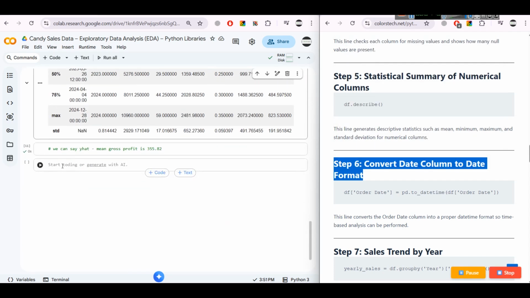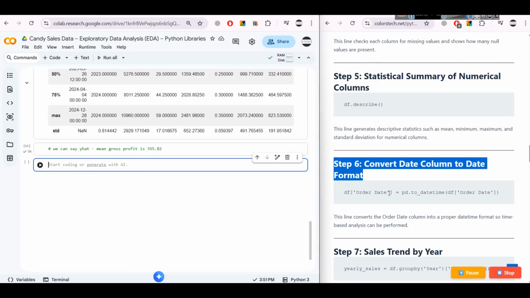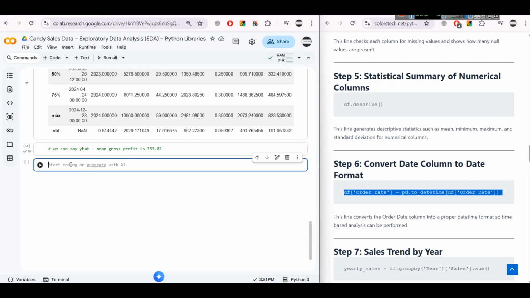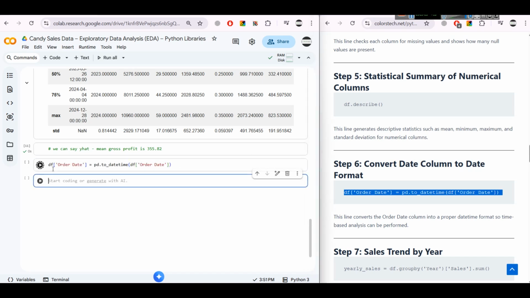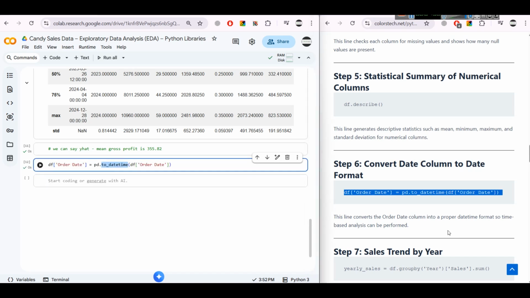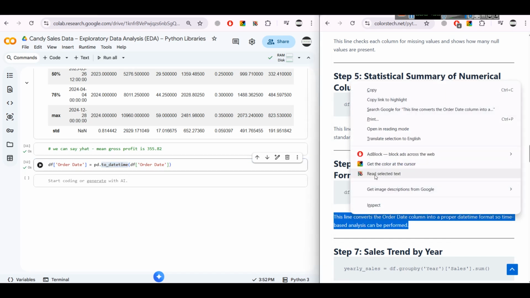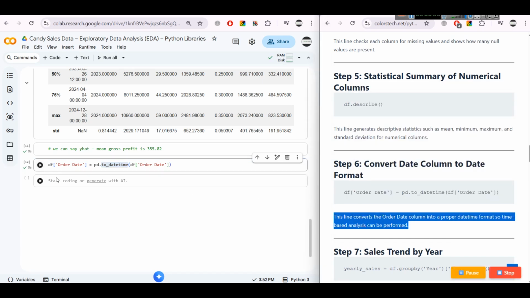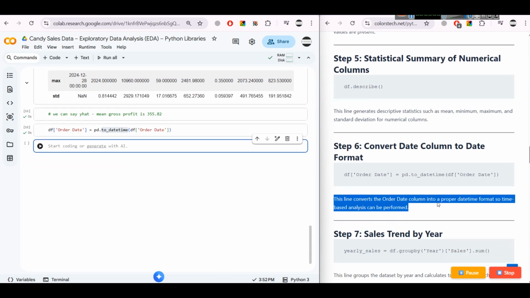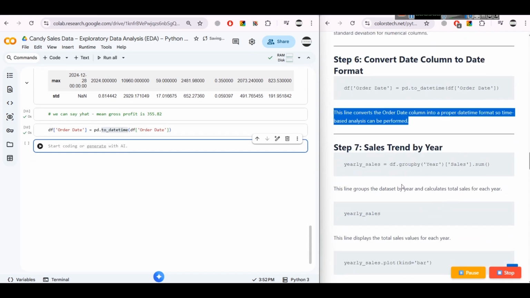Step 6. Convert date column to date format. This line converts the order date column into a proper datetime format so time-based analysis can be performed.